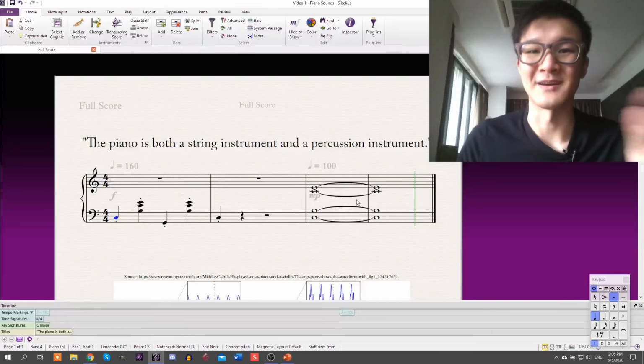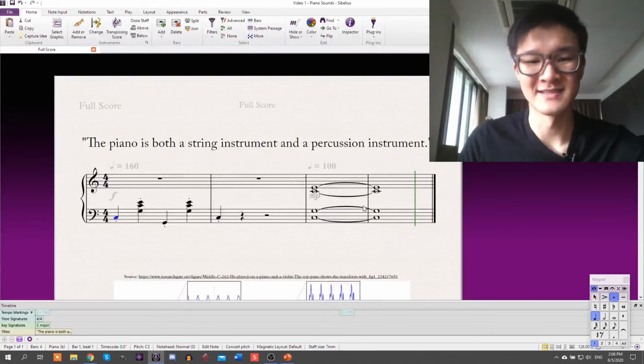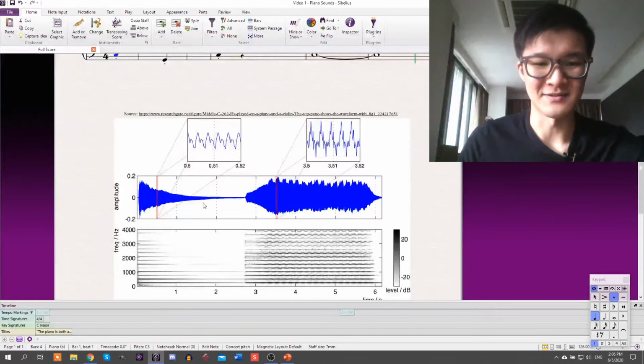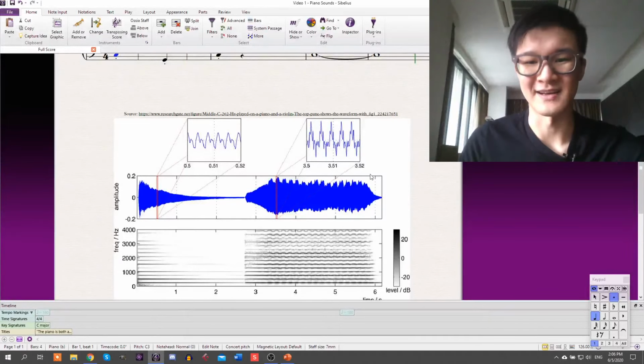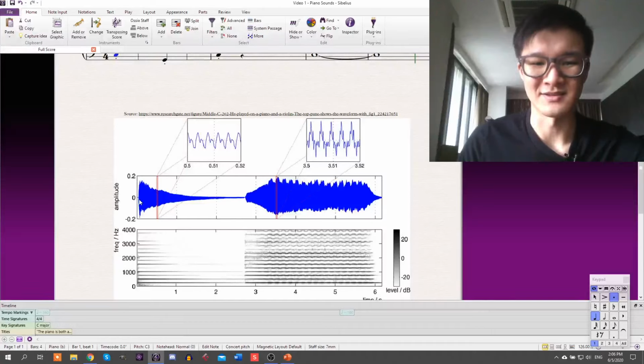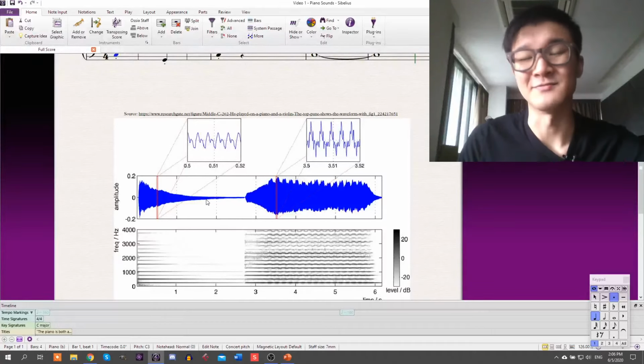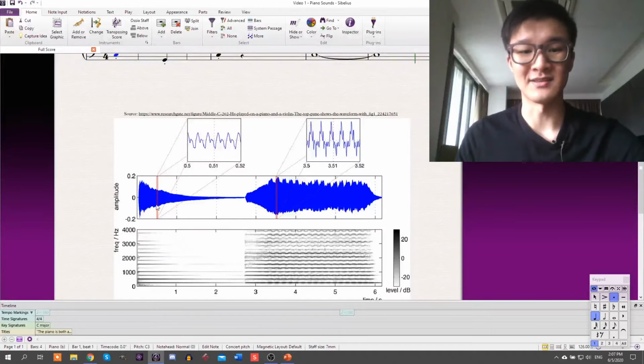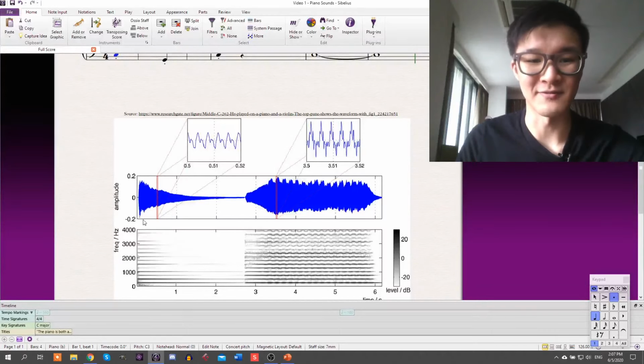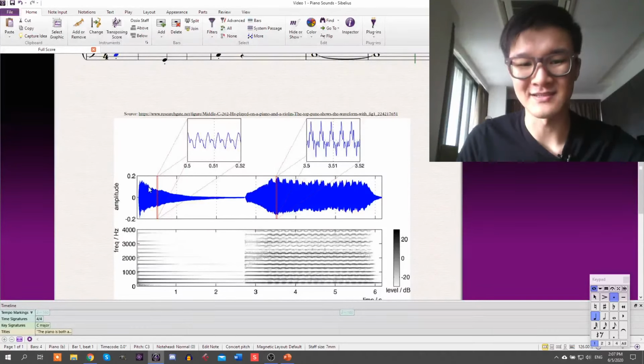How this works, if I may dabble in a bit of theory, is this. Now, this is the sound of a piano, and this is the sound of a violin. If you don't know how to read waveforms, essentially, lots of area means loud, and very little means soft. Now, in the piano, you can see that we've got a really loud start, and then it just tapers down, and it holds.